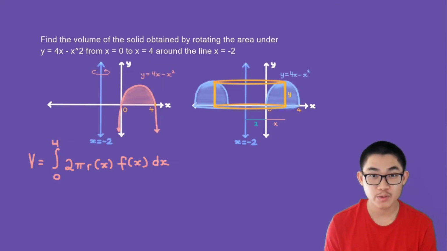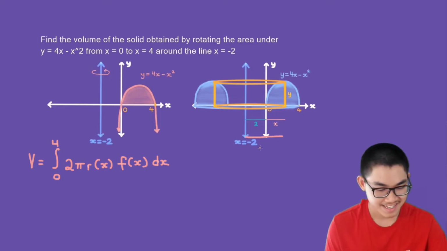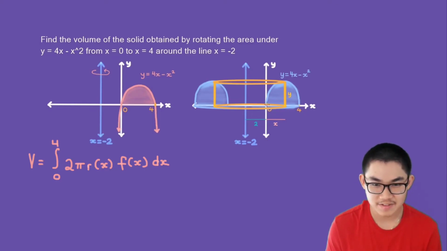Step number 2 is to find the radius and the height. So if we place the shell right here, the radius is the distance right there. We know that the distance from the center until we reach the outer shell is x. And we also know the distance from the center until the axis is 2.